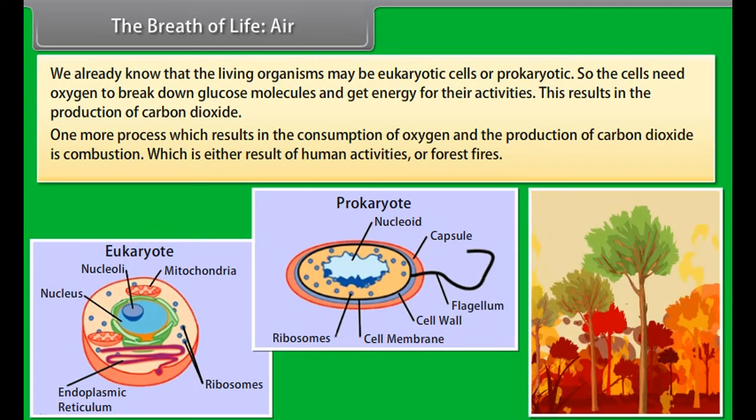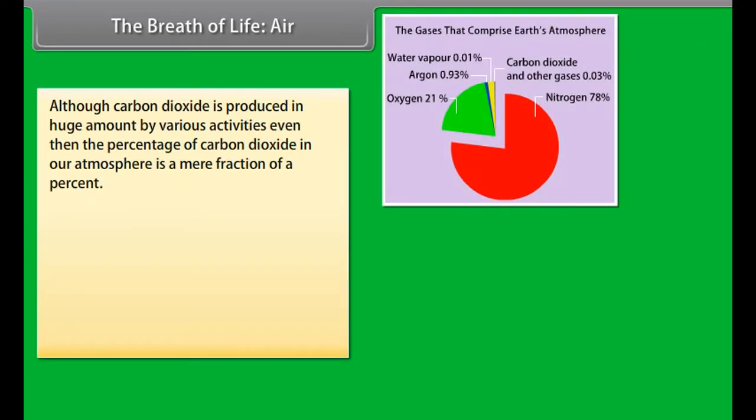One more process which results in the consumption of oxygen and the production of carbon dioxide is combustion. Combustion is either a result of human activities or forest fires. Although carbon dioxide is produced in huge amounts by various activities, even then, the percentage of carbon dioxide in our atmosphere is a mere fraction of a percent.